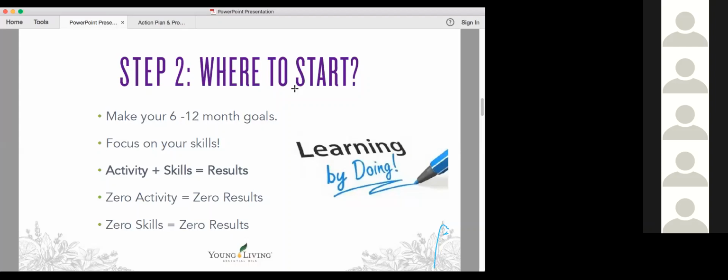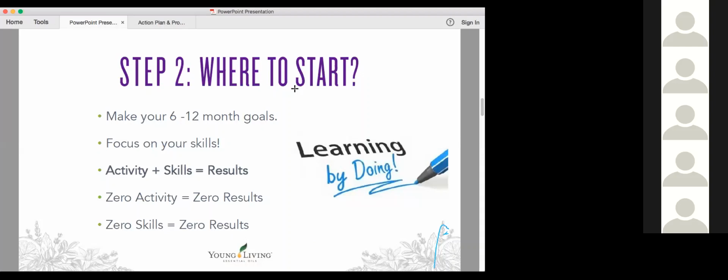Are you going to have an afternoon tea? Are you going to have a party? Are you going to have an info session? Whatever you want to call it or do, note down the things that you want to do in your business. So how do you want to connect with people and tell them about Young Living? Those are the things that you then want to focus on over the next 6 to 12 months.